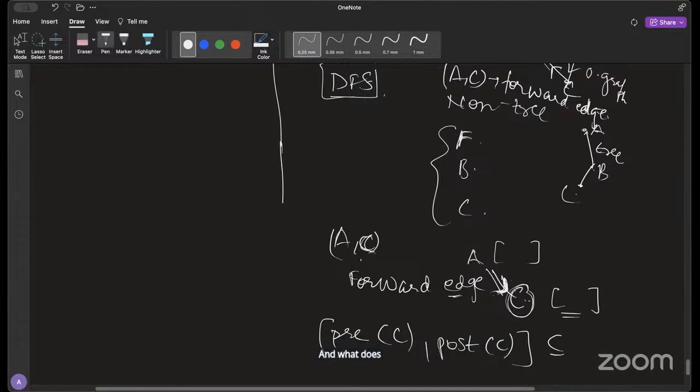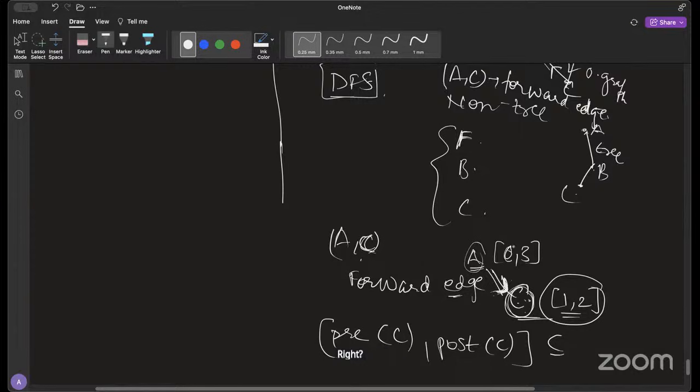What it means is that this thing came later. That means this came first and this came later, right? That forms a forward edge. If here you have 1, 2, and here you have 0, 3, that means this thing, C, came later, and A came before this. Right?